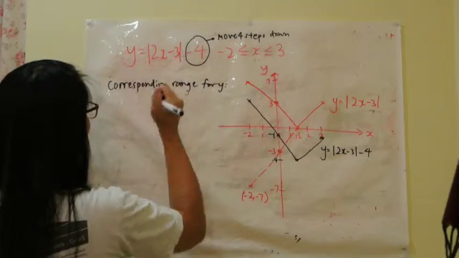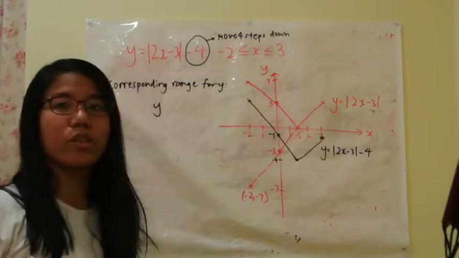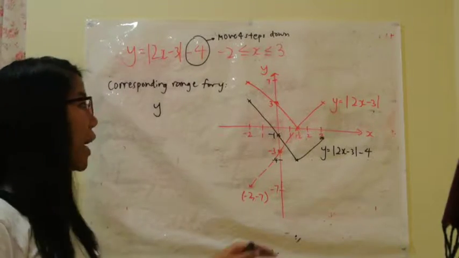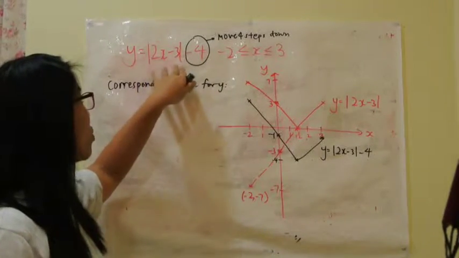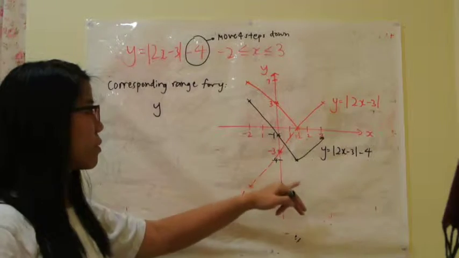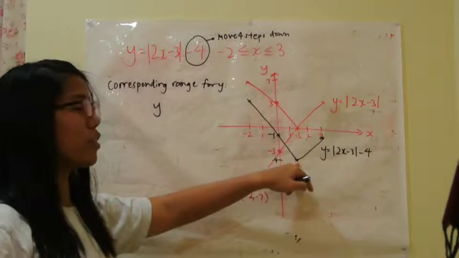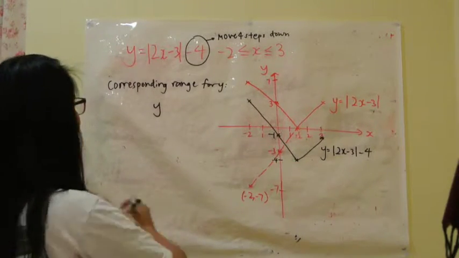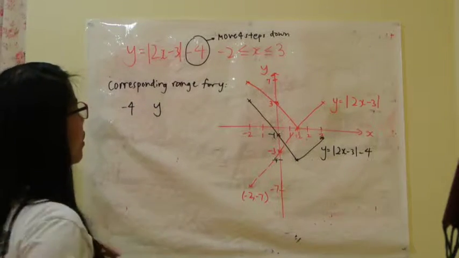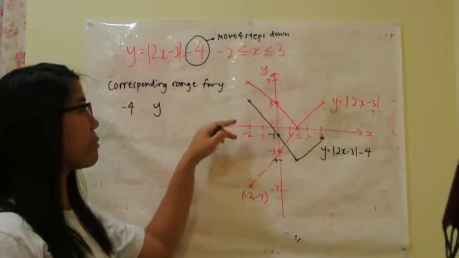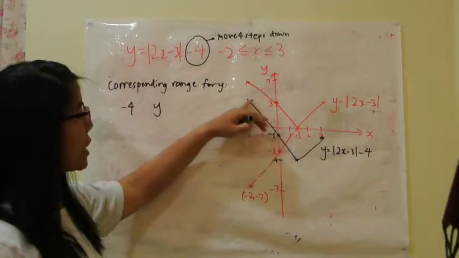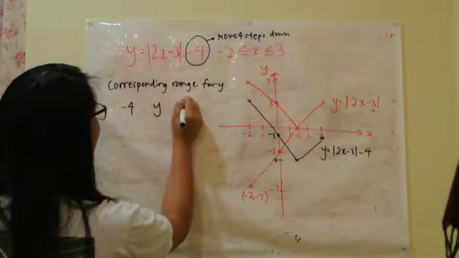What is the minimum value of y for this graph? The minimum y value is minus 4, and the maximum value is 3.